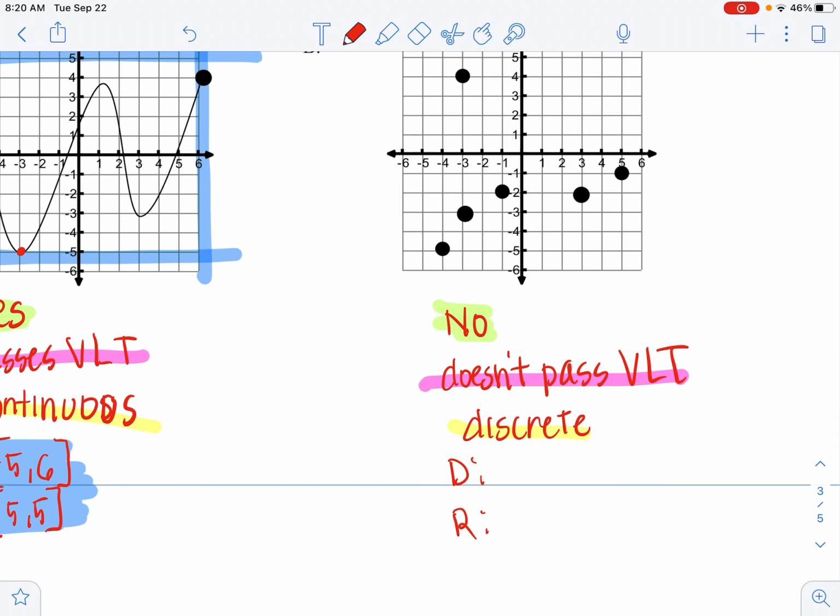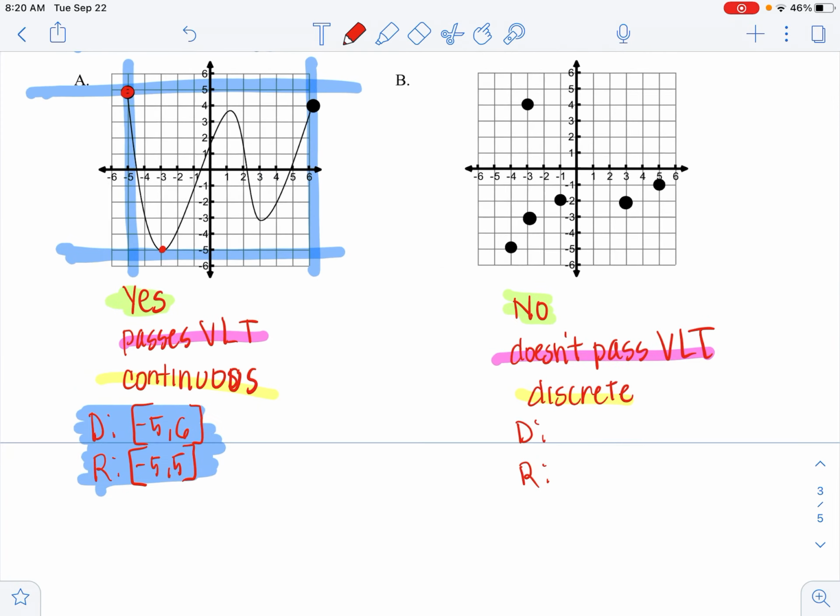All right, this one is a list of x values. It's not continuous, so I'm going to list every x value, smallest to biggest, every y value, smallest to biggest, in curly brackets. All right, so my smallest x value is -4. Then I have -3. Then I have -1, 3, 5. Notice there's two x values of -3. We don't write it more than once. We do not write repeated numbers.